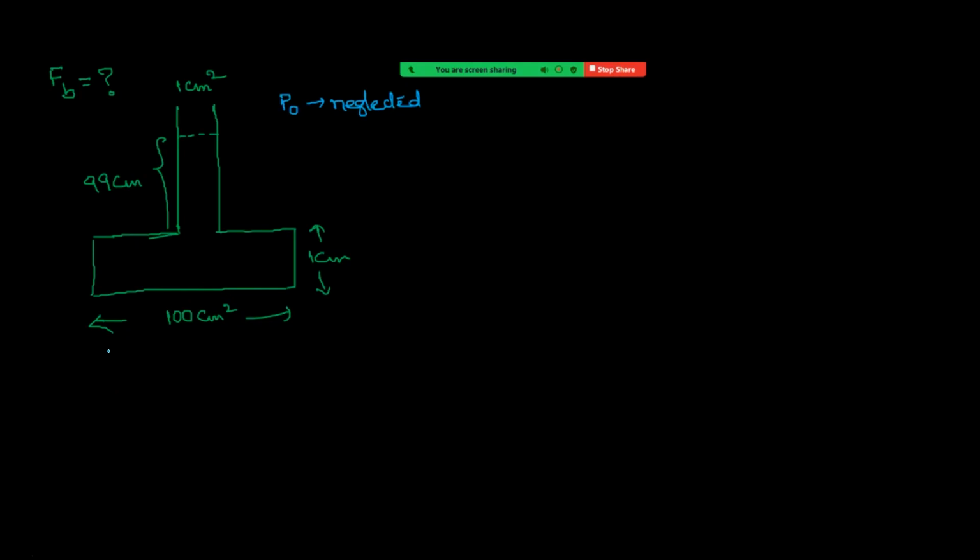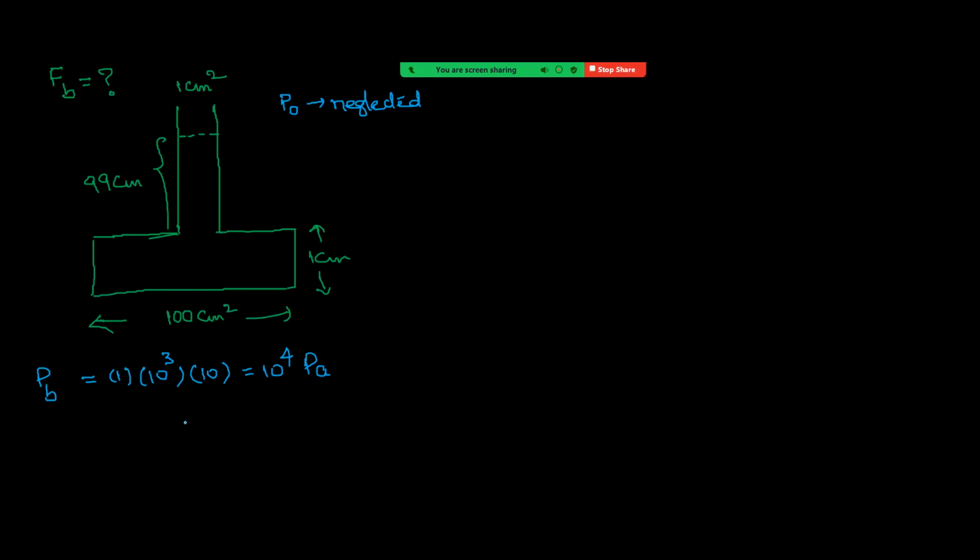Then pressure at the bottom is equal to h rho g. h value is 1 meter, because 1 centimeter plus 99 centimeter is 1 meter. Density of water is 1000. g value is 10. This is now 10 power 4 Pascal, or you can say Newton per meter square.